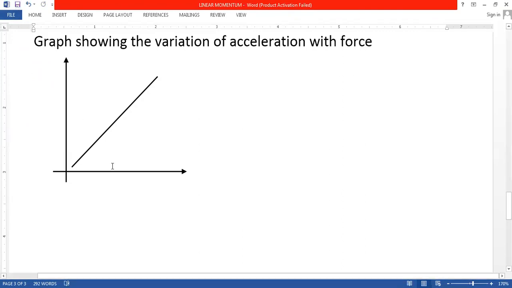So now we will talk about the second variation. The second variation is a graph showing the variation of force with mass.